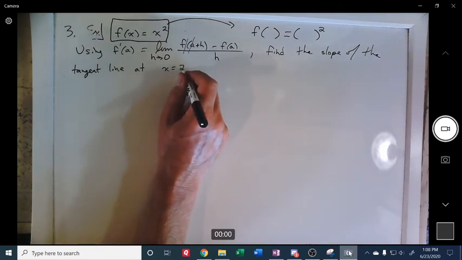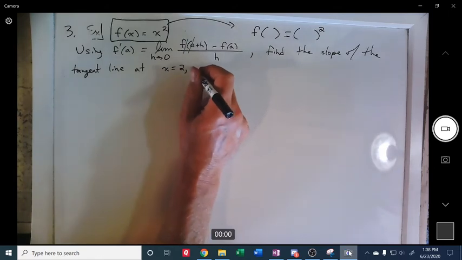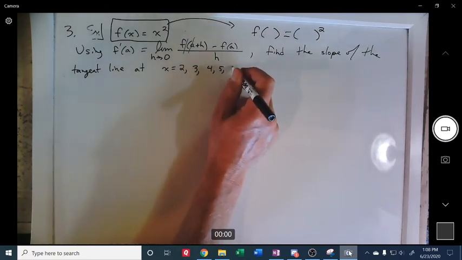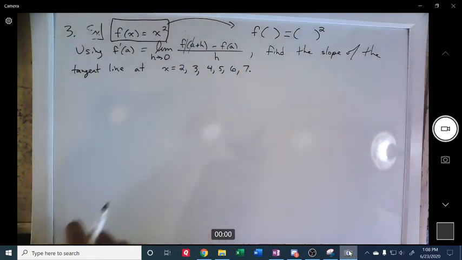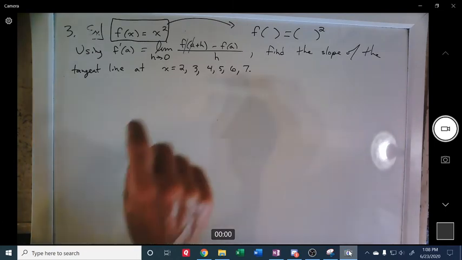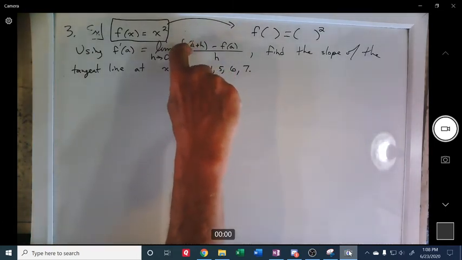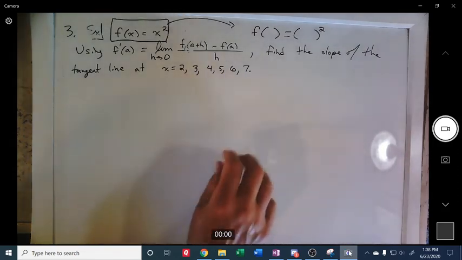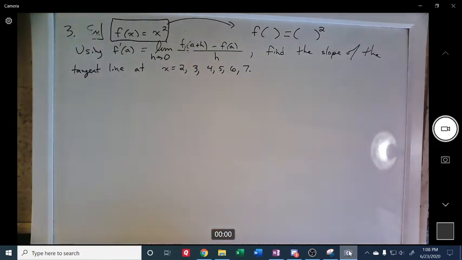Let's do it for x equals 2. Then for x equal 3, x equal 4, 5, 6, 7. Now, what we've just given ourselves the task of is something incredibly repetitive. We're going to have to repeat this thing a whole bunch of times using the same kind of strategy over and over and over again. We need the slope at a whole bunch of points along f of x equals x squared.